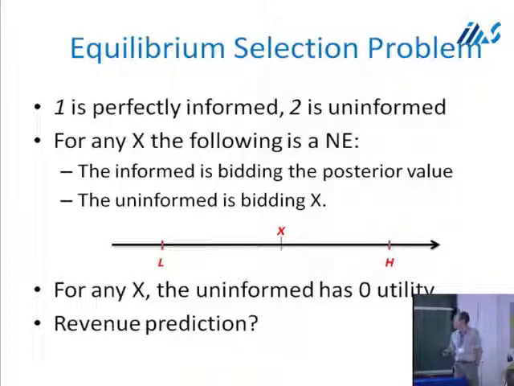Because for every bid that he submits, he either loses and gets 0, or he wins and pays exactly the value, because the informed bidder is bidding the value. The informed bidder knows the value, so he bids the value. And since he's paying the second highest bid, he's paying exactly the right amount. So for any X, his utility is 0, and we have this multiplicity of equilibria.